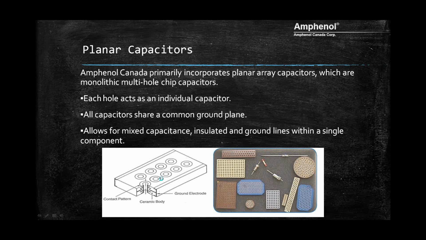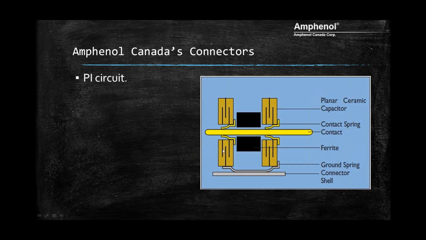If I go back here, this gives you an idea how the capacitance works. You have a ground line, a connection line here to an electrode. Then from the ground plane here, you have another electrode. So the capacitance is made up of this overlap times the conductive capacitive material.